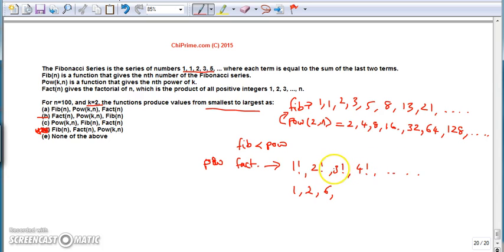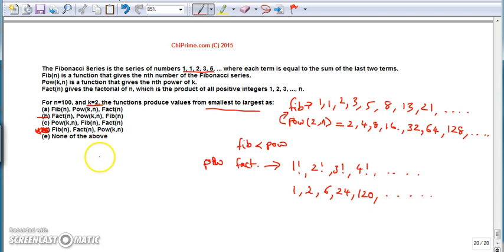So 4 factorial is 4 times 3 factorial, right? 3 factorial is 3 times 2 factorial, and so on. So 4 factorial is 24. 5 factorial is 5 times 4 factorial, which is 120, and so on.